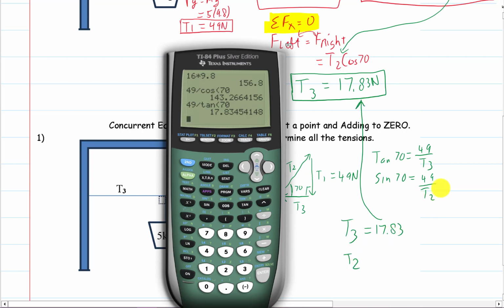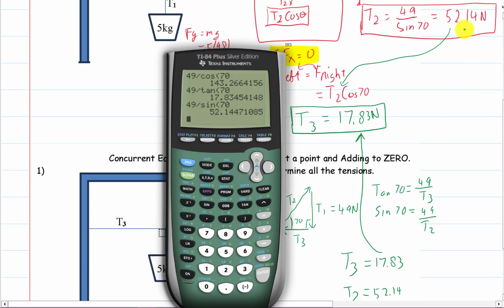And T2 is going to be 49 divided by the sine of 70, and that's 52.14, just like that. So, different ways to do it.